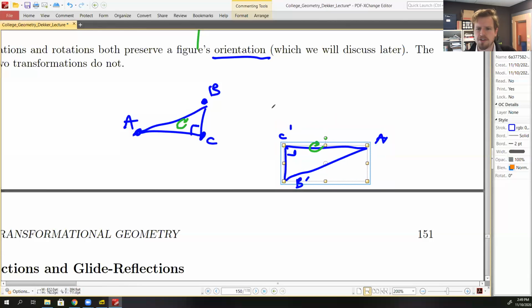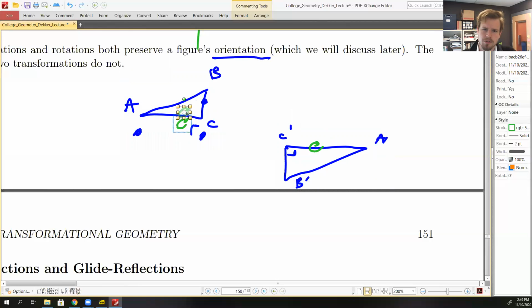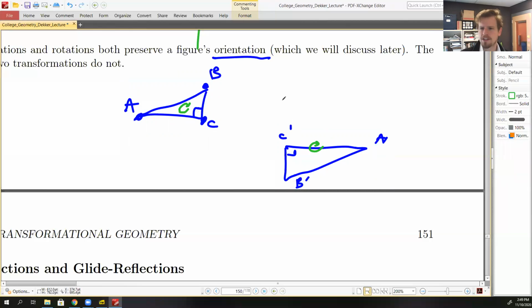If we were to consider a reflection, so let's say that gave us A prime, B prime, and C prime. Actually, let's give it double primes because it's a different mapping.